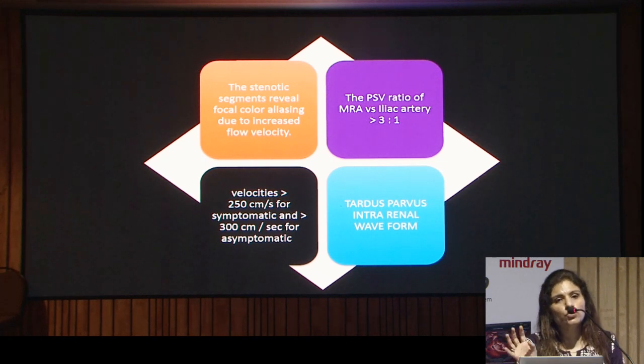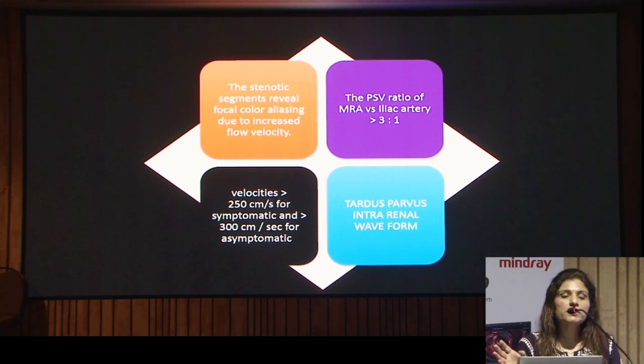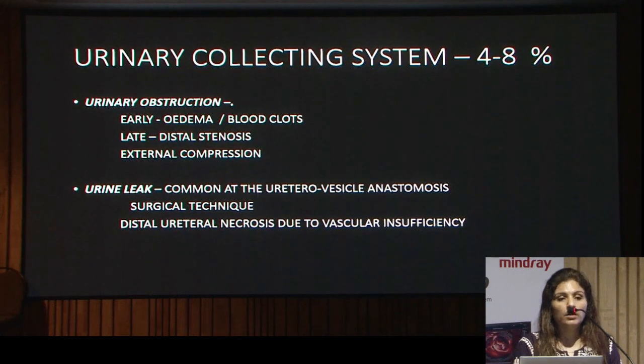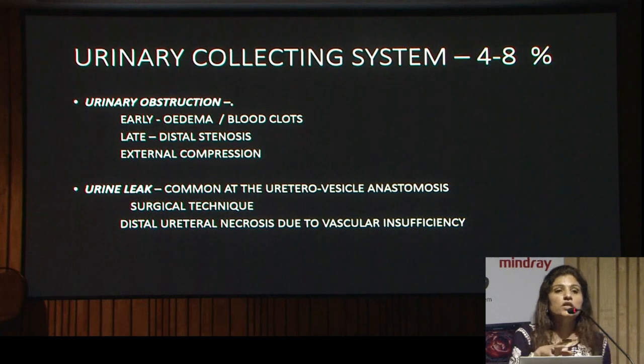So PSV values more than 250 alone are not going to help. Consider velocities more than 300 centimeters per second, and if clinically the patient also fits into the high risk category, and if the PSV ratio of the main renal artery to the iliac artery is more than 3:1, you should think of renal artery stenosis.